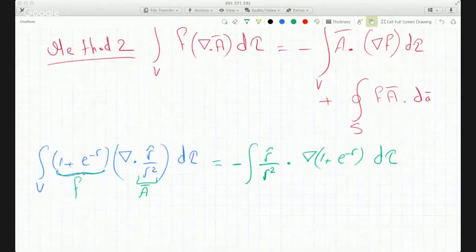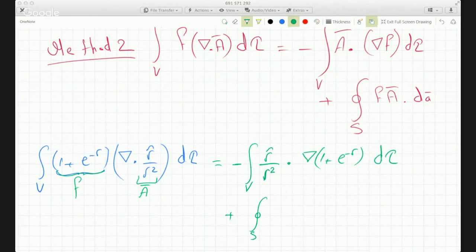Okay, done with that. Plus, now we're going to do the closed surface integral. F is 1 plus e to the minus r multiplied by vector A, r over r squared, dot dA. Fair enough?